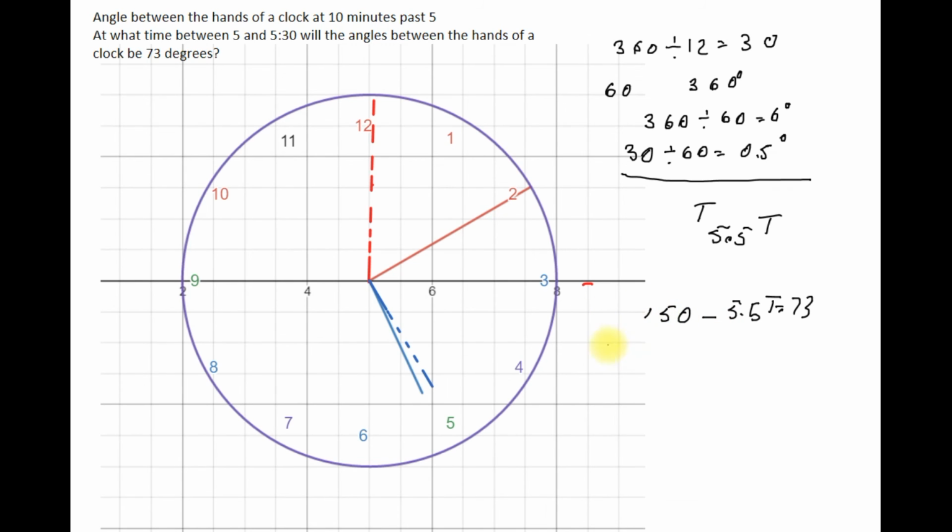If I rearrange the terms, I'll get 150 minus 73 is equal to 5.5t.